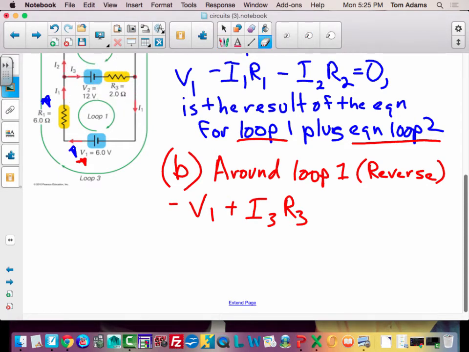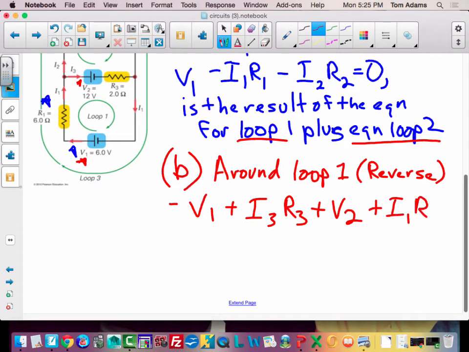And then lastly, that will be plus V2, all right, which is this right here. And then the last resistor, which will be I1 R1. Okay, and then all that stuff would equal 0.